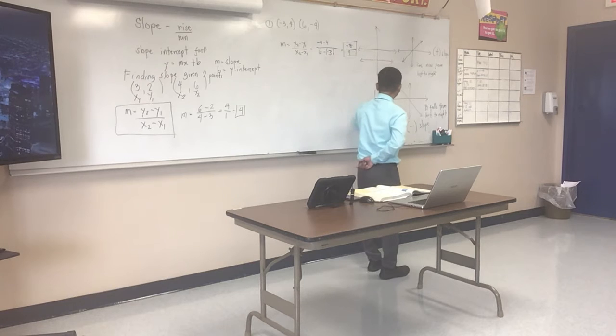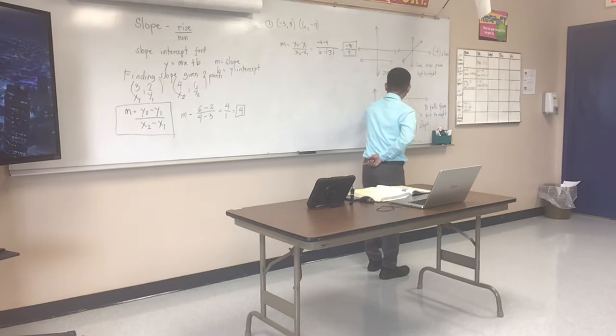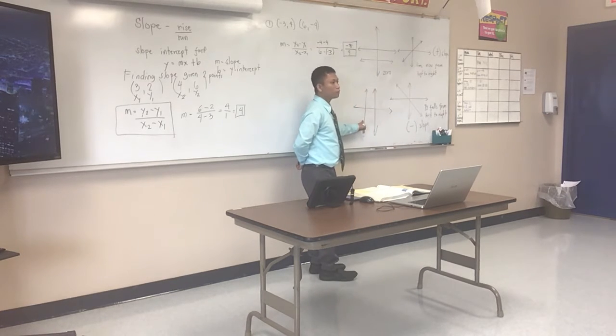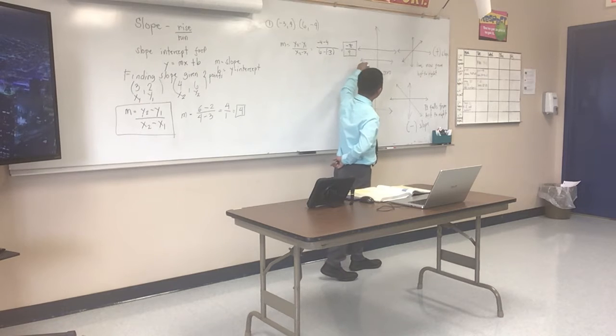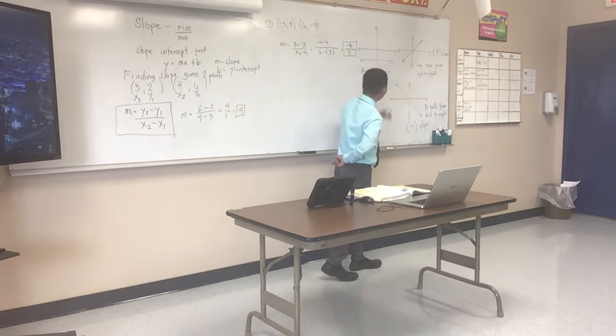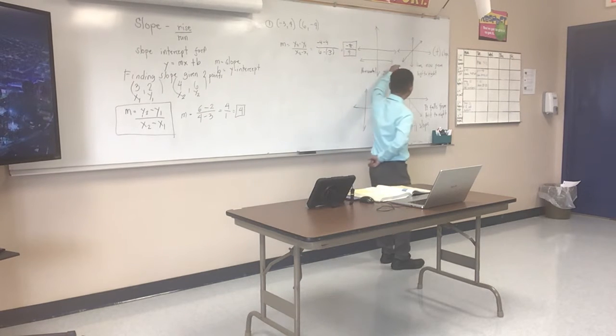And lastly, if we have this here, what kind of line is this one? This is horizontal. If we have a horizontal line or graph, our slope would be 0.